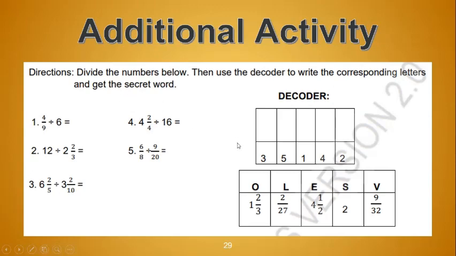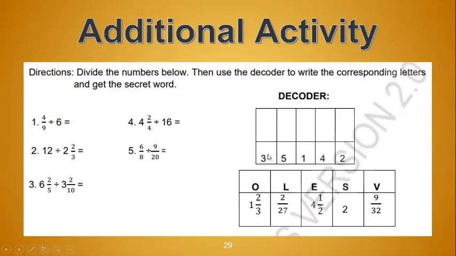So this is, I think, 20 points. Here is a sample for your clarification. This is your answer for number 3, for number 5, for number 1, number 4, and number 2.